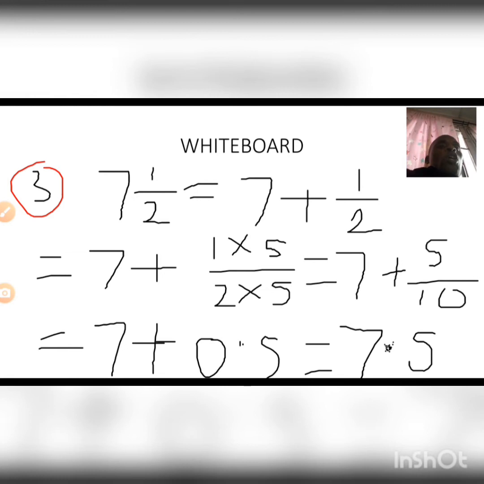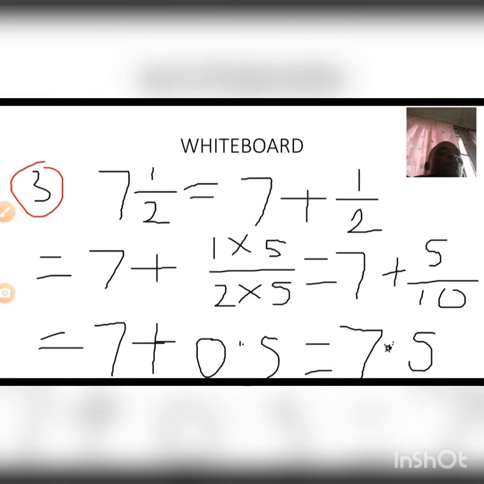Then the proper fraction, which is 1 over 2, we try to make it look like the fractions we are used to, which is always a number over a number with 1 and 0. The denominators are always either 10, 100, 1000, and so on. So by finding the equivalent fraction of 1 over 2, we can make it look like 5 over 10 by multiplying by 5 over 5.